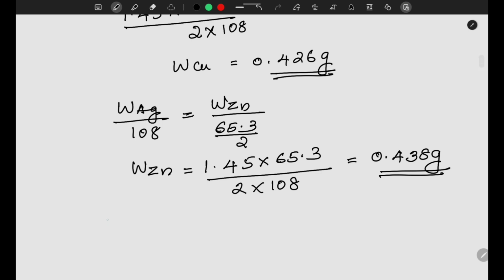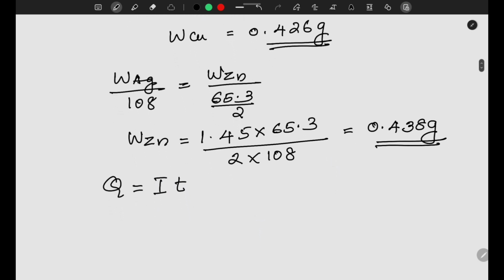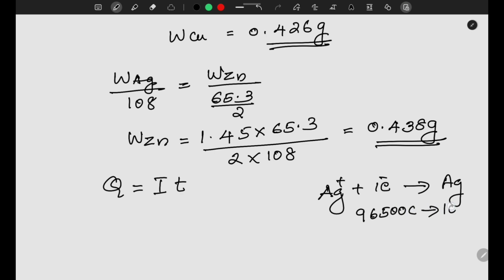Now we can use the formula Q is equal to IT. So we have to find out the quantity of charge. From any one equation we can calculate the quantity of charge required. So 1 Faraday, 96,500 coulomb, will give you 108 gram.